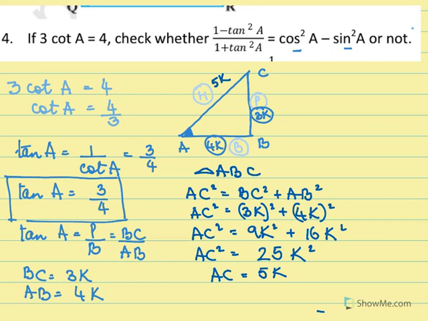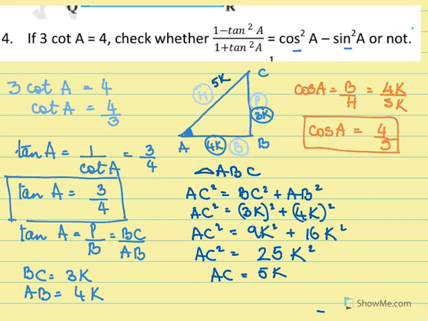Now we can find out our cos and sin. So we know cos A is base over hypotenuse. In this case, for A, the base is 4K, hypotenuse is 5K. So cos A will be 4 over 5, and that also we need to substitute.